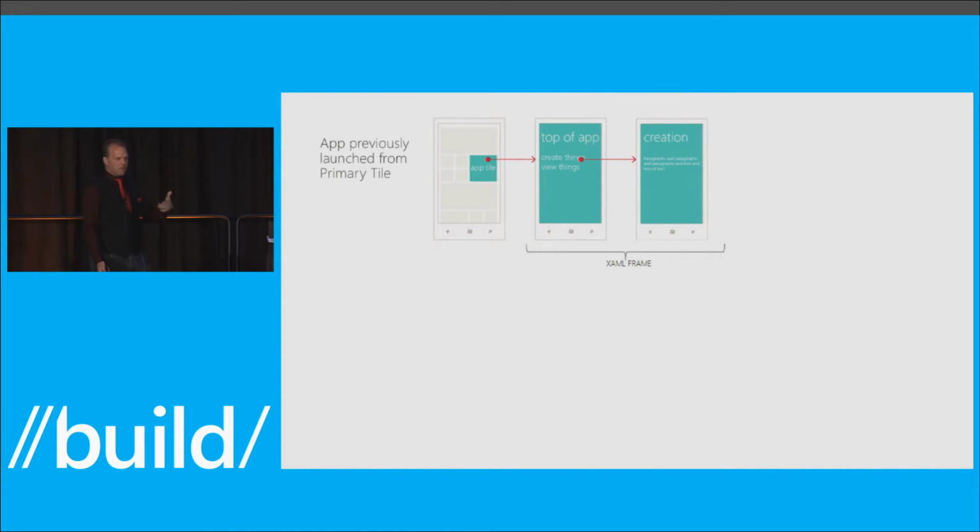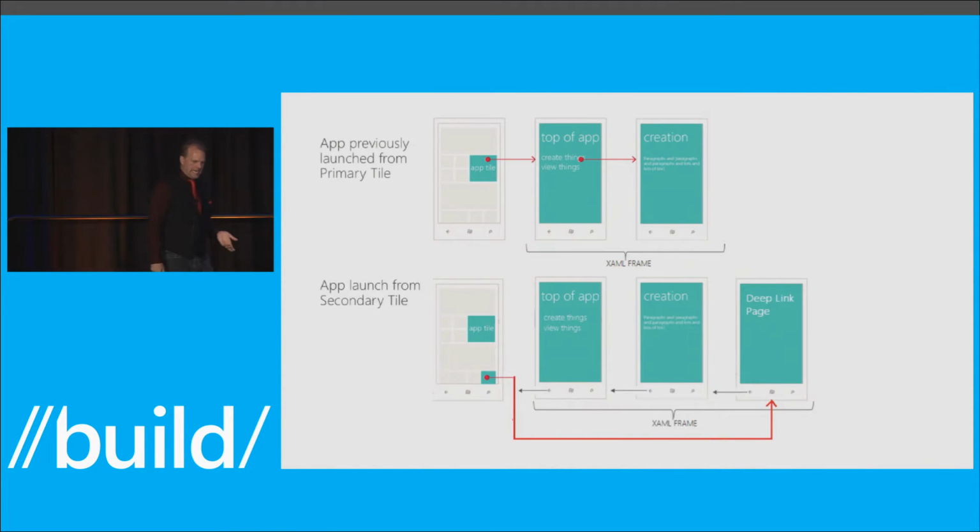So if the app was first launched from the primary tile and the user navigated into some page, they might have edited something. For some reason, they navigated away, perhaps through a notification and then back to the start screen, and then they want to do something else, so they launch a secondary tile.